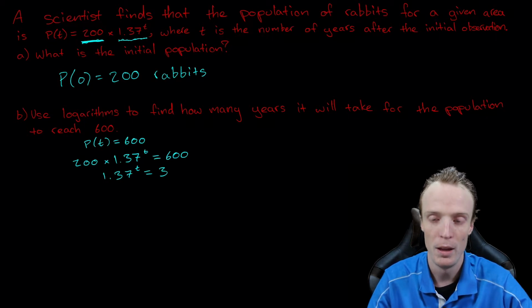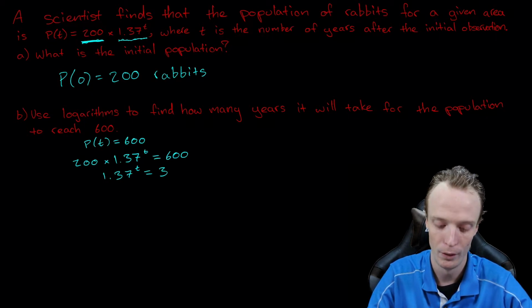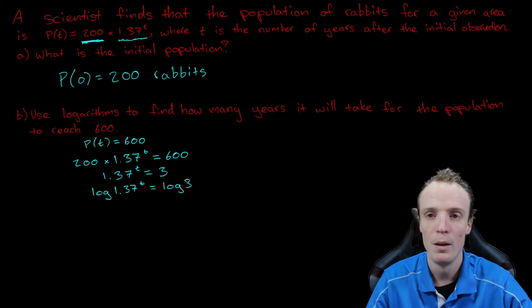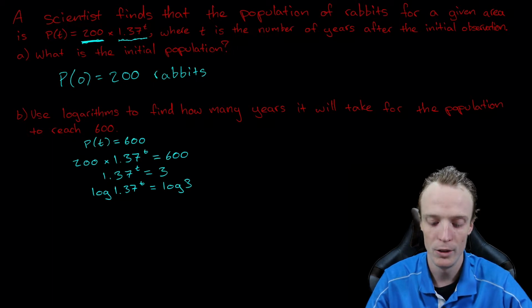And what I want to do from here is take the log of both sides. So when I do that, I'll have the log of 1.37 raised to the power of t is going to be equal to the log of 3. And now I want to use the log laws to rearrange this and then isolate my t value.